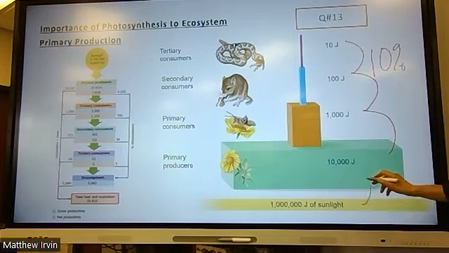Going from sunlight to plants, however, that is only 1%. Only about 1% of the energy from the sun is captured by plants. And that 1% is all of the energy for the entire ecosystem. So when we start cutting down plants, we are limiting the ability of the ecosystem to have energy. So save the trees, people.